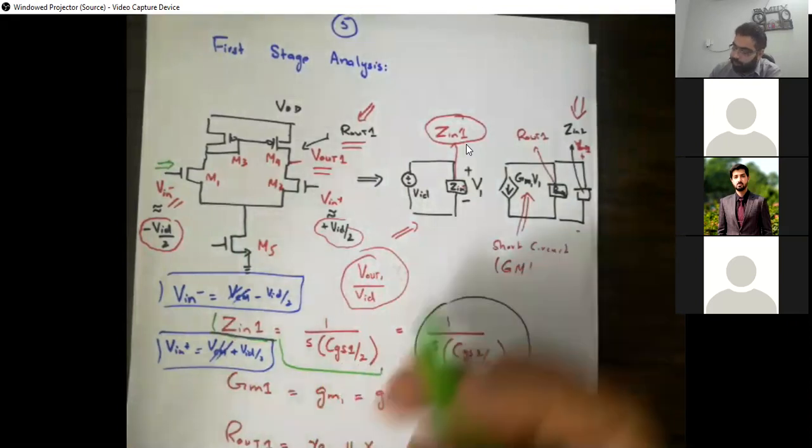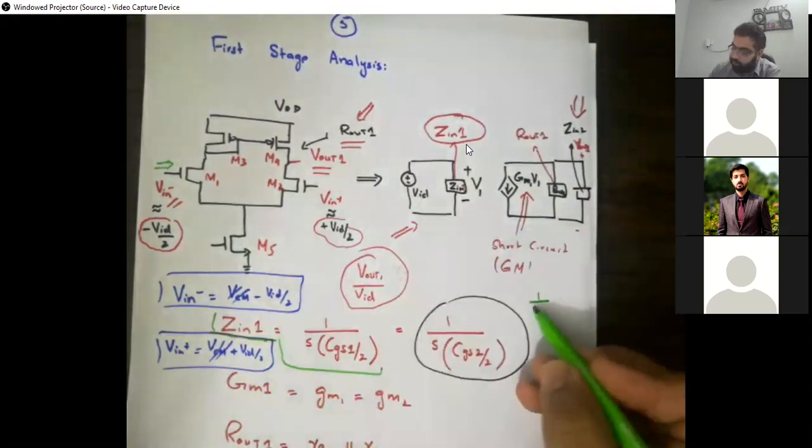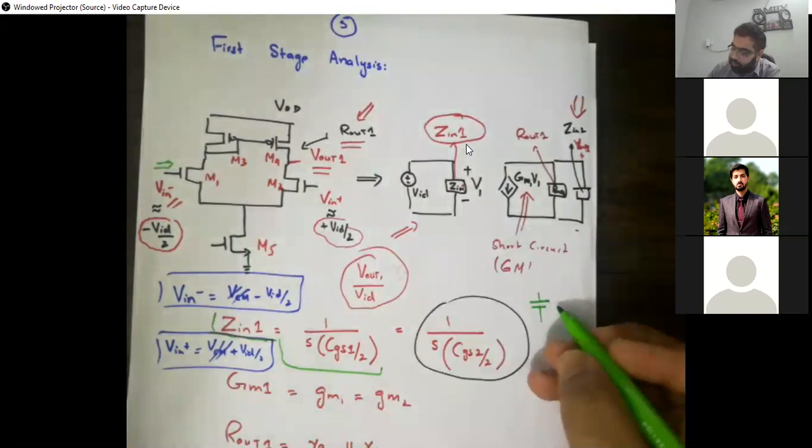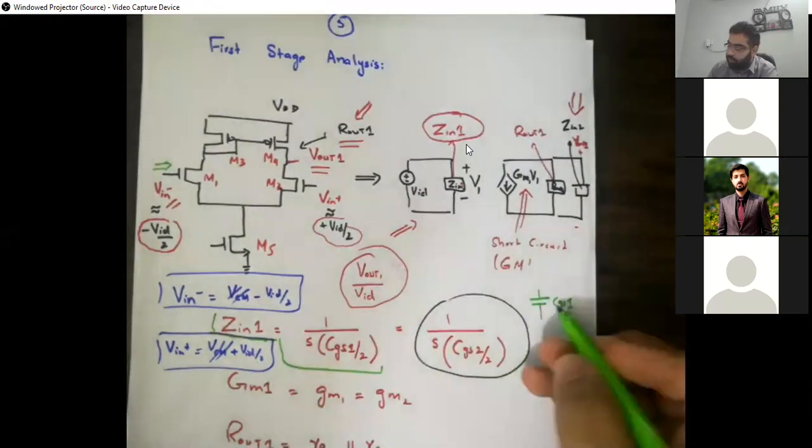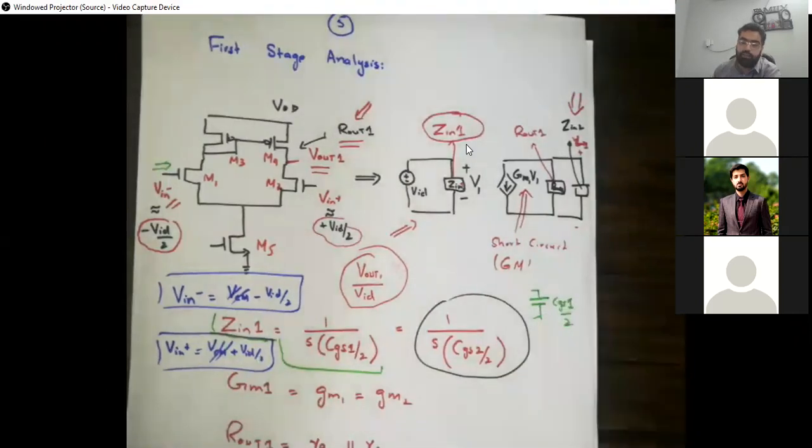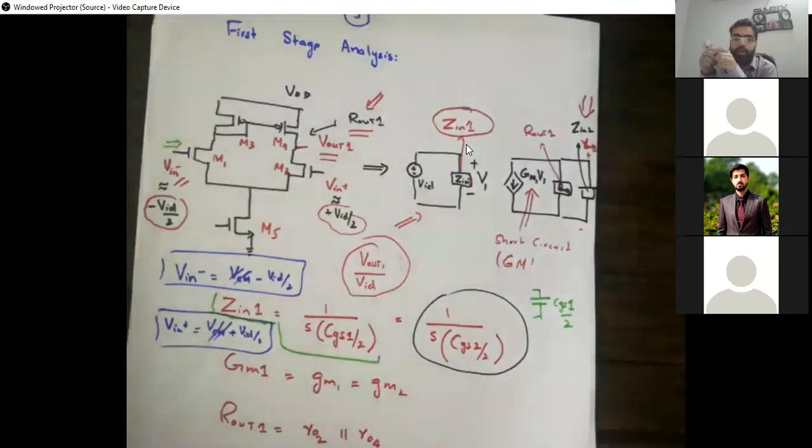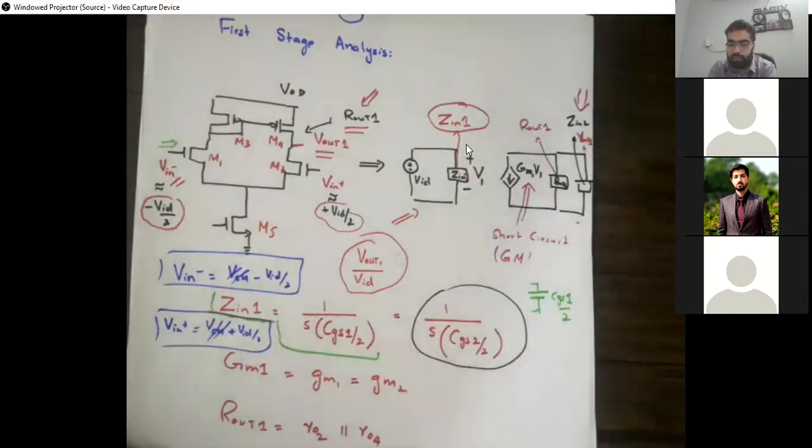Meaning जो आपके पास input capacitance है, it will be a capacitance whose value will be CGS1 by 2 या CGS2 by 2. या तो CGS1 by 2 होगी या CGS2 by 2 होगी. Since M1 and M2 are same, this means the capacitance is going to be same, the gate to source capacitance, but it will be half overall of that capacitance. We are going to see in a couple of minutes how we are going to do that thing.